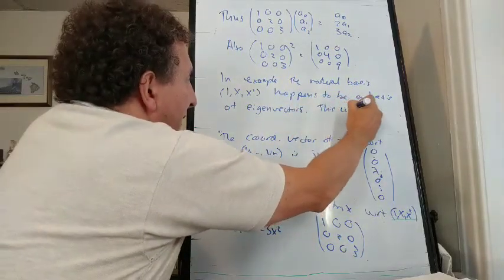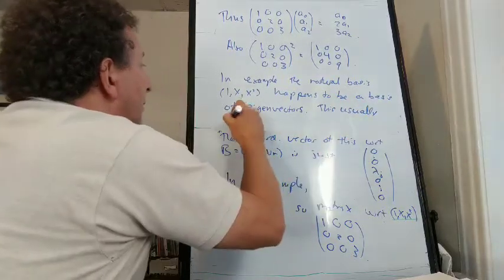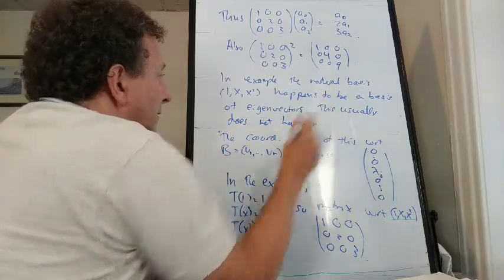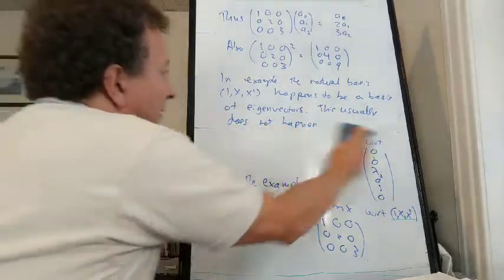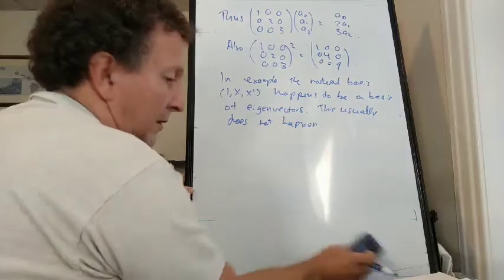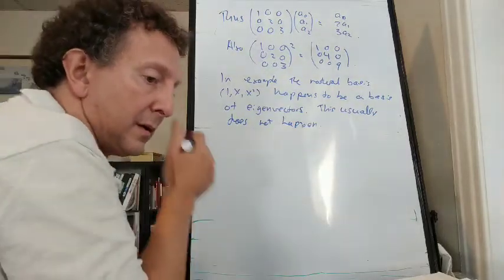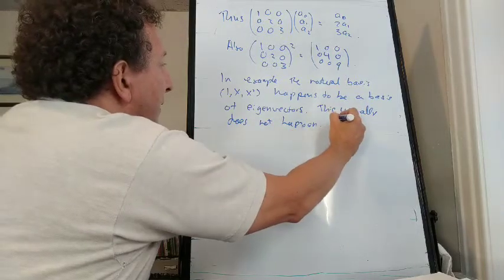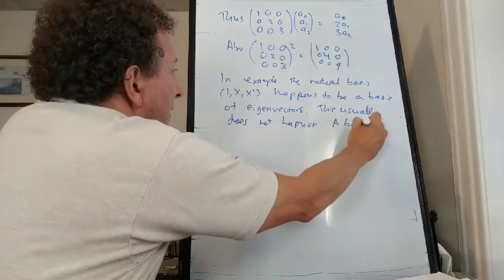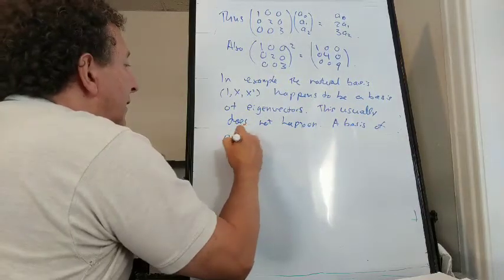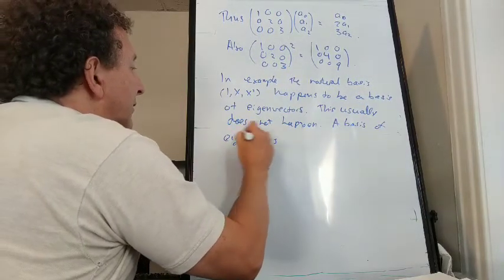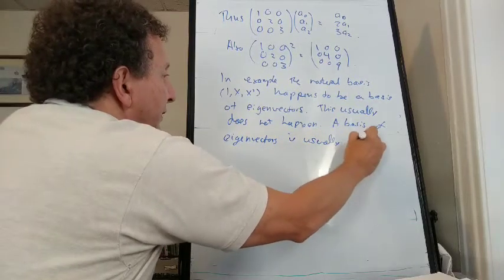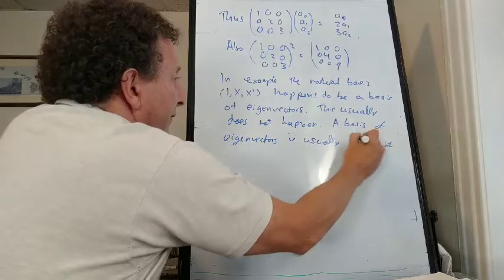In fact, this usually does not happen. So a basis of eigenvectors is usually different from the natural basis.